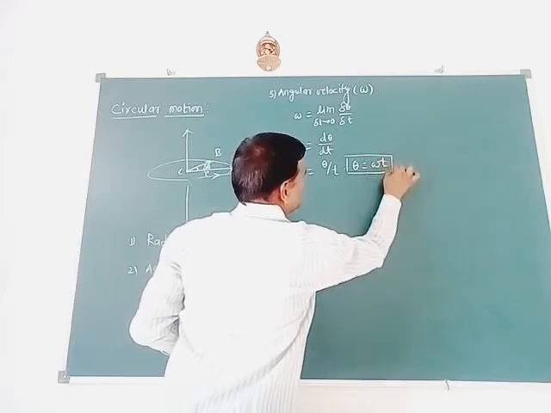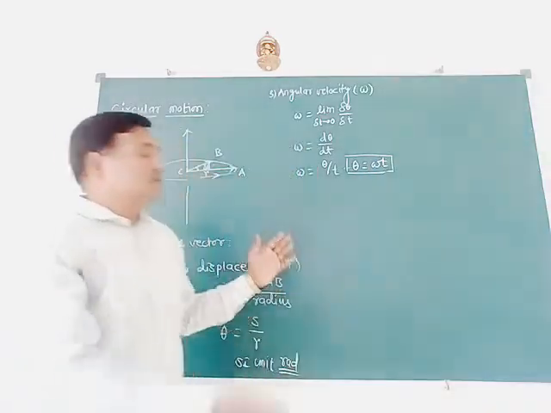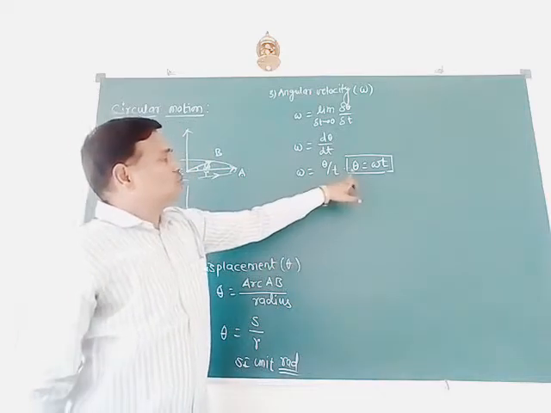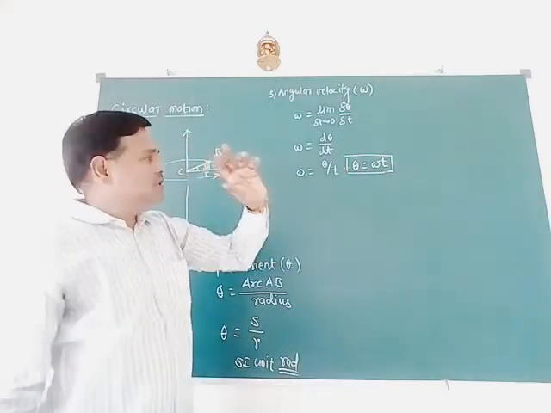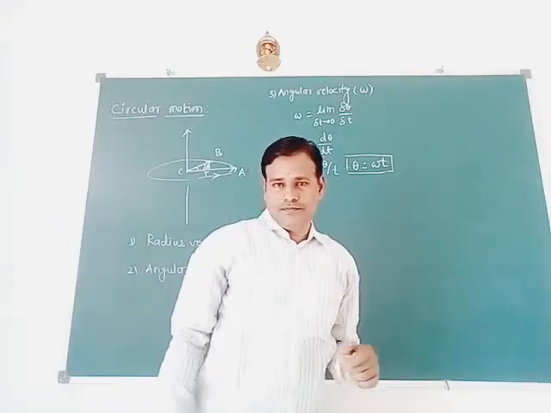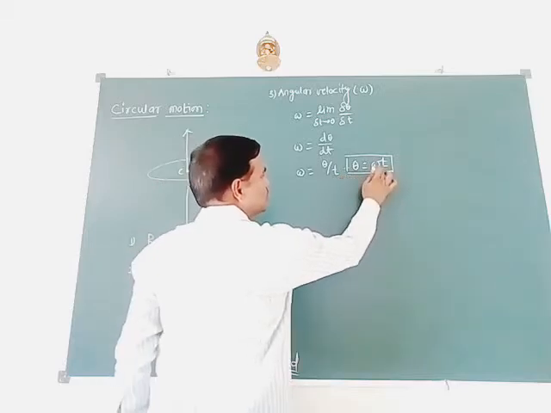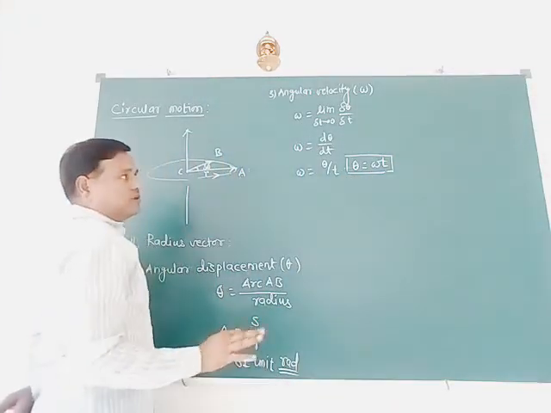We have to use this in different chapters which we will study later on. So theta equal to omega into t, just like S equal to Vt, displacement equal to velocity into time. Similarly angular displacement equals angular velocity into time.